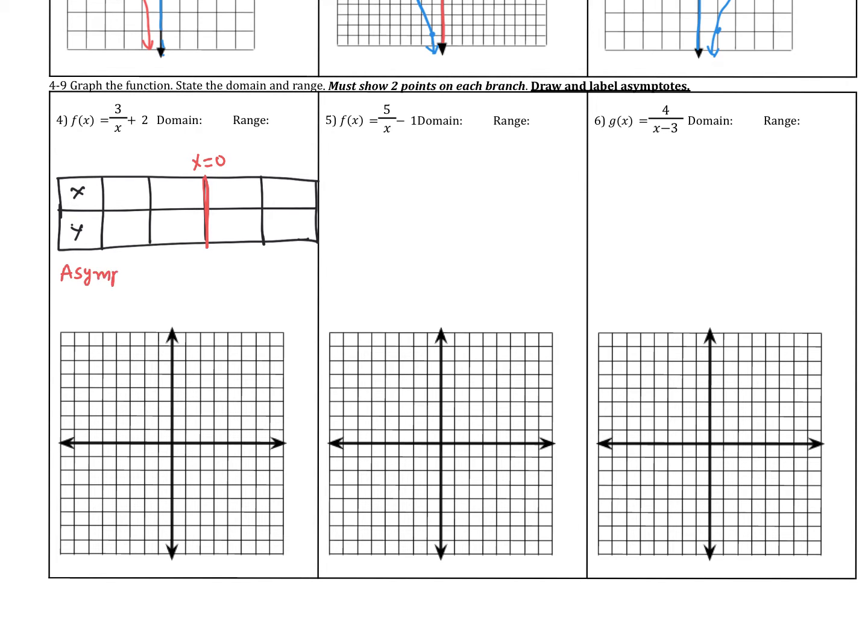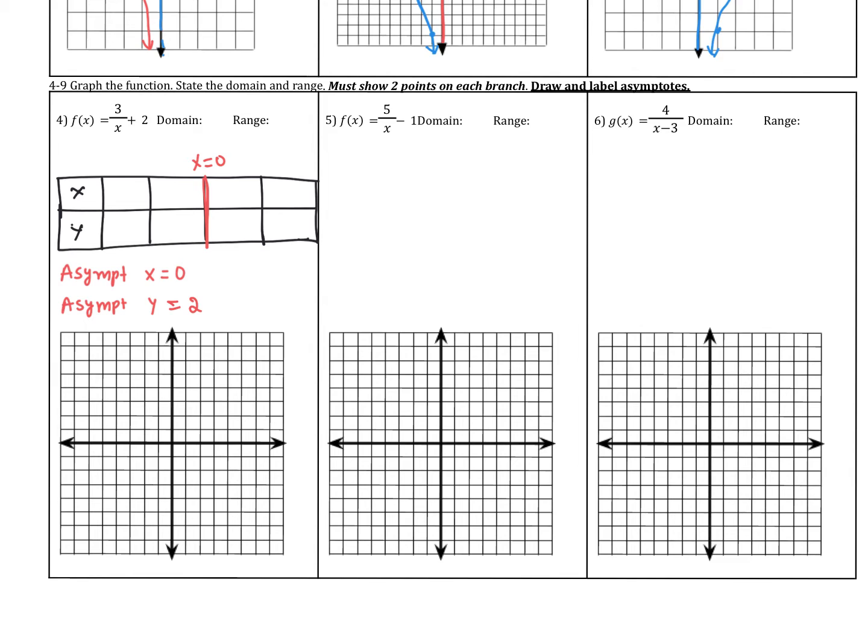So asymptote is the x equals 0 value from the bottom. Asymptote is also for y is the number that is added or subtracted next to the fraction. In this case, the asymptote is positive 2. So y equals 2 is going to be your asymptote for y.